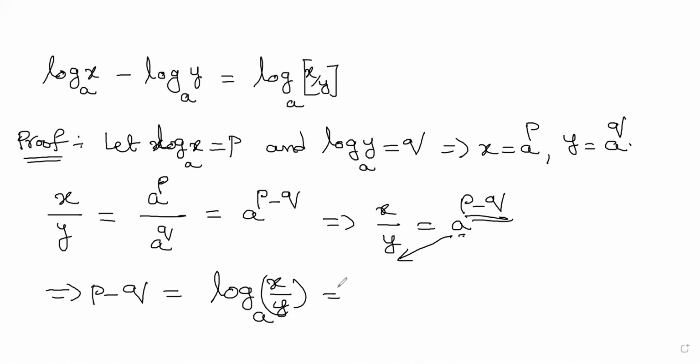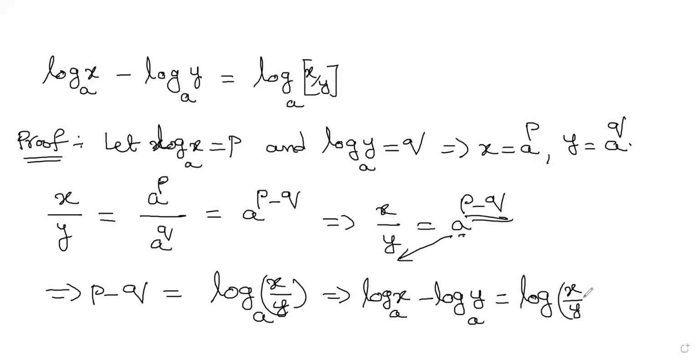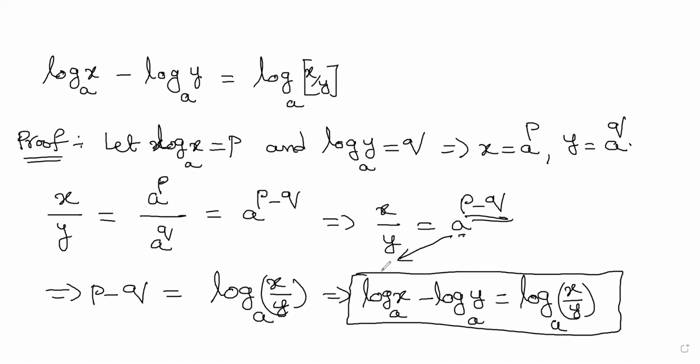So what is p? Log x to the base a minus log y to the base a is equal to log x by y to the base a. So this is how you work out.